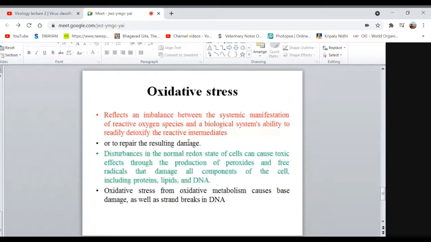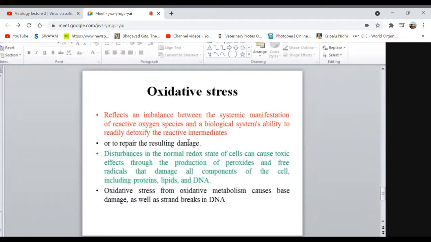If the reactive oxygen species are produced inside the body in higher amounts and our body system is unable to readily detoxify them, then there will be an imbalance which leads to stress to our body, and this is called oxidative stress.